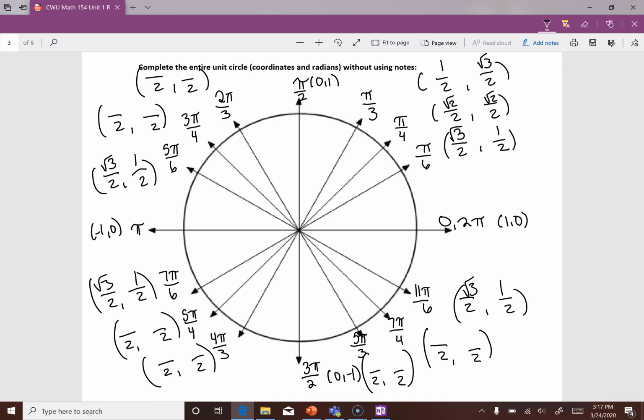Okay, next up, I'm going to take all my over 4's and make them root 2 over 2's. All right, last up here, I'm going to go to my over 3's, and I'm going to make those a 1 and a square root of 3 here.